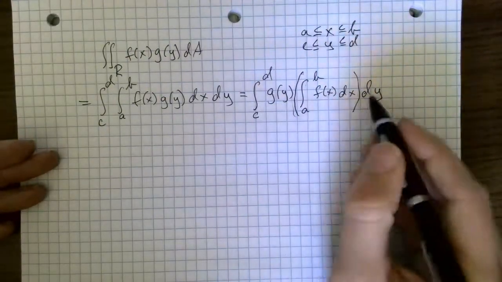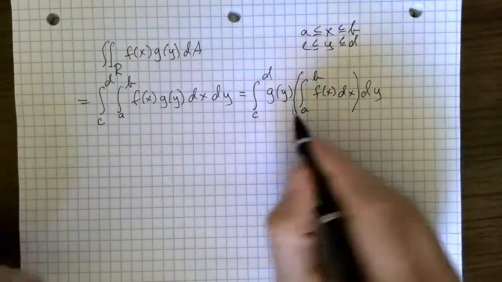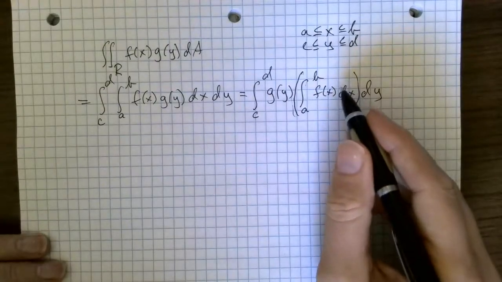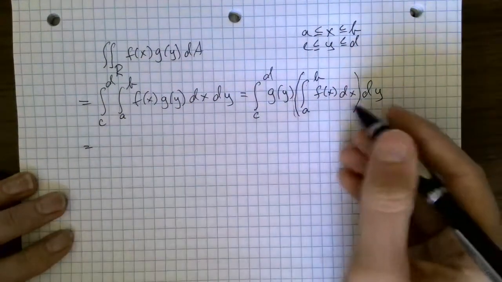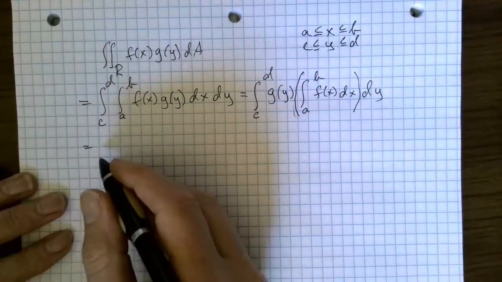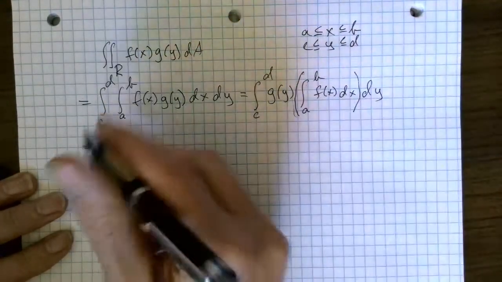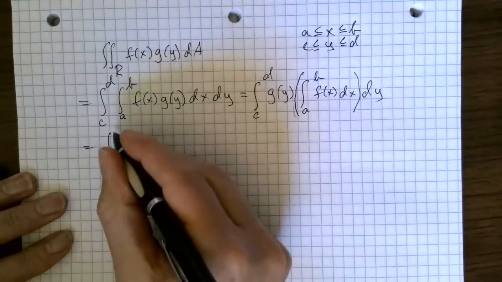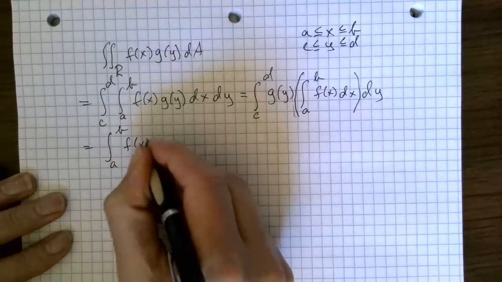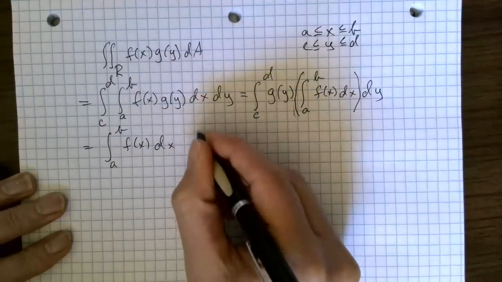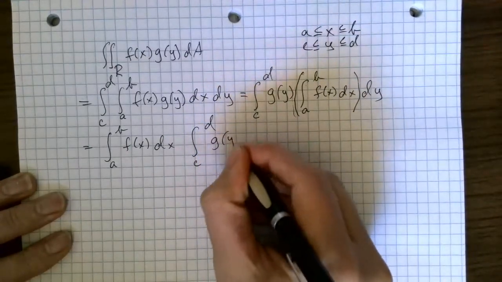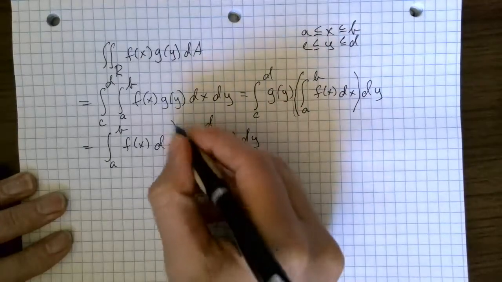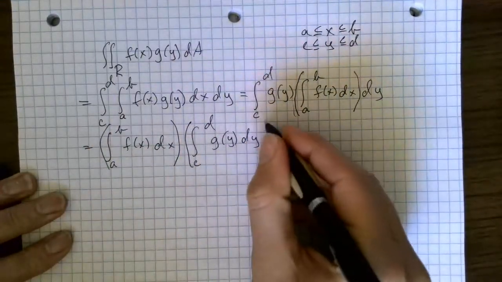It's inside the integral in terms of y, but there's no y in here. So I could pull it out front, and so I have the integral from a to b of f of x dx times the integral from c to d of g of y dy. And it's just the product of these two.